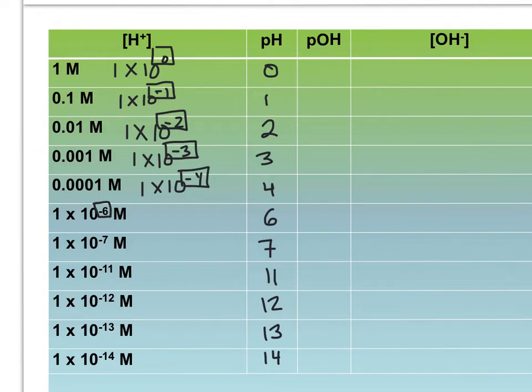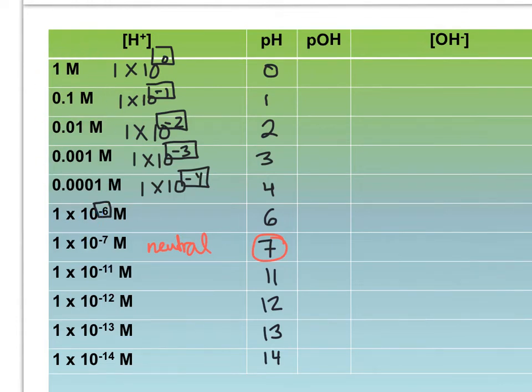Look at that. Something with 1 times 10 to the negative 7th molar is neutral, right? Neutral would be a pH of 7, at least at room temperature. Something that is more acidic, so these numbers, these molarities, are bigger than this number.